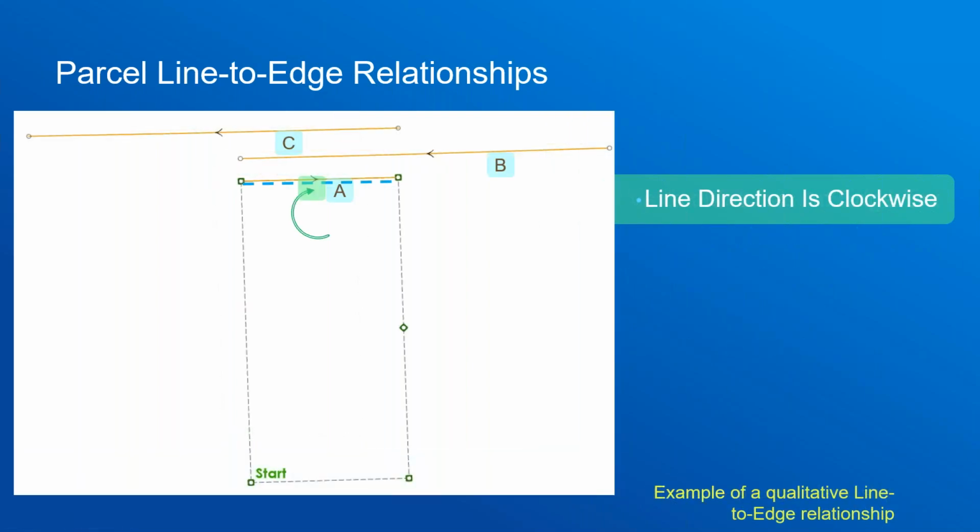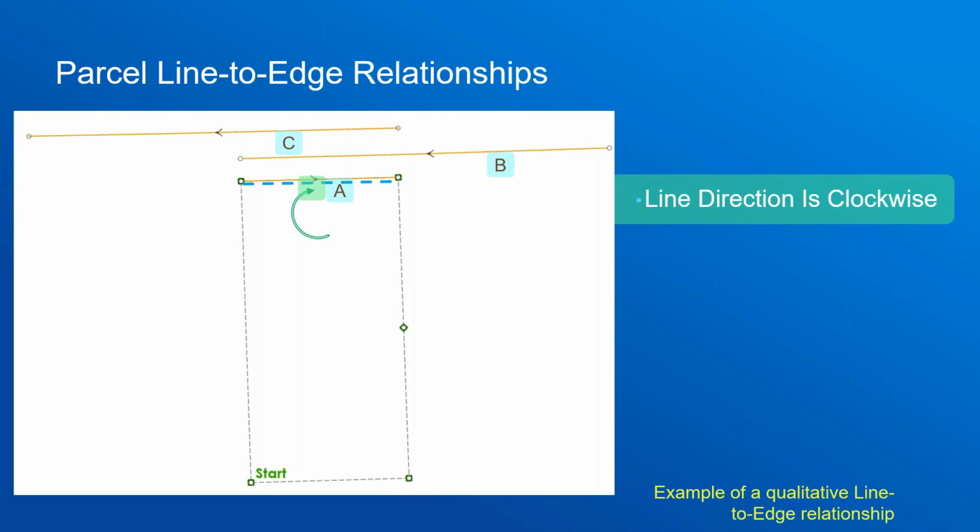And then we can also determine the orientation of the line, how it relates to that edge. And remembering that we're always looking at the edges in a clockwise sequence, we can see that the line direction is also clockwise.